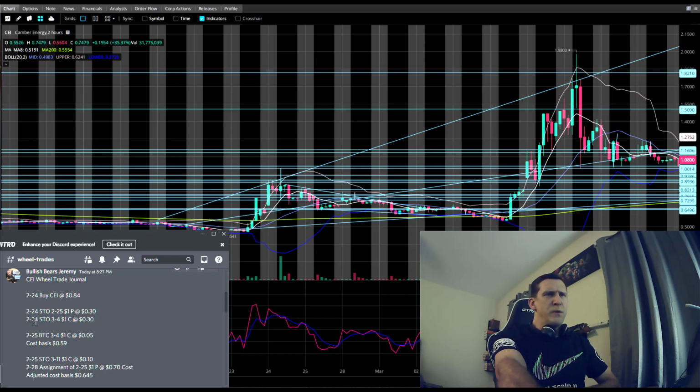So if someone was early assigning me or something like that, my cost basis of 84 cents less the put premium that I made here would be essentially the gap between my cost basis and what I sell these shares for under this contract.